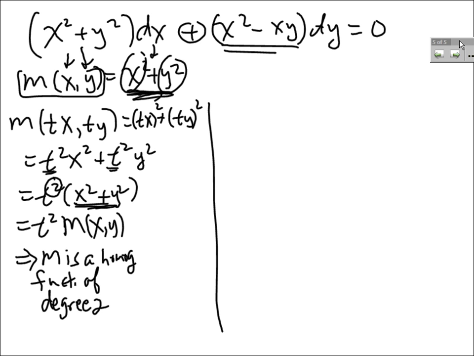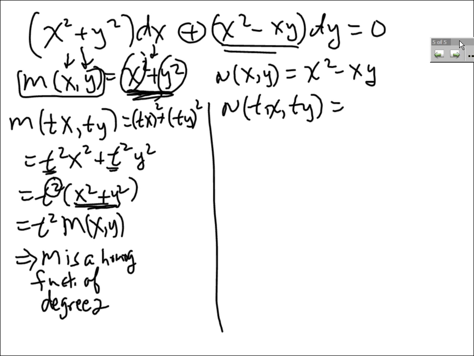Now we're going to do the same thing for N. N of x comma y is x squared minus xy. So N of tx comma ty: first N squares the first component, then it multiplies the two components, and it subtracts them. I'm going to square the first component, then minus the product of these two components.